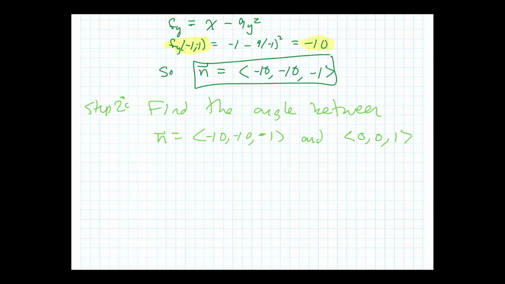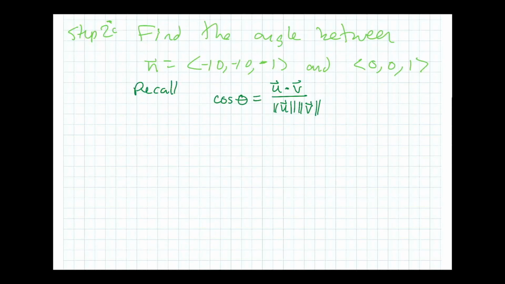And then from there, you've got to remember how to find the angle between two vectors, right? So we got to recall the cosine of the angle between two vectors would be u dot v over magnitude u, magnitude v. So we'll do that, but with these vectors.